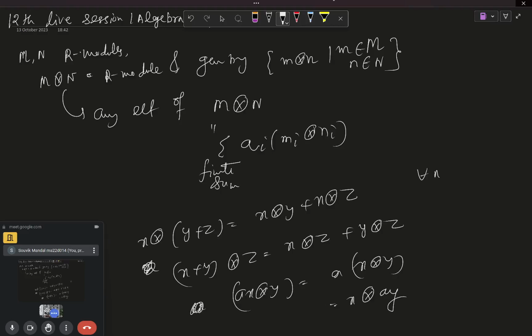This property holds for all x, y, z. These are the working tools for the tensor product.